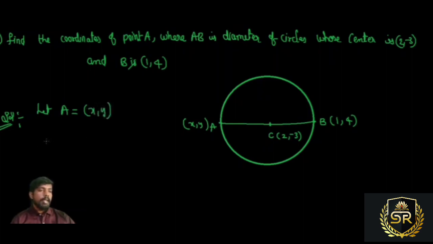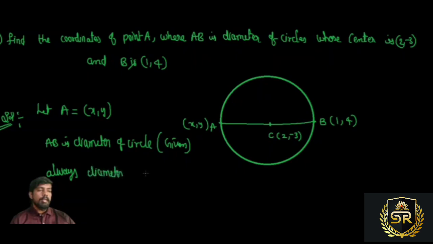AB is a diameter. This is the given data: the diameter of the circle is given. Always, a diameter passes through the circle's center.